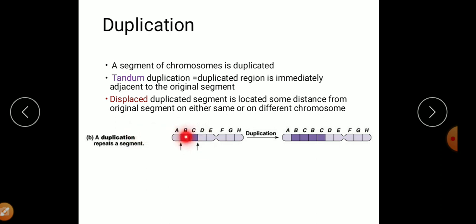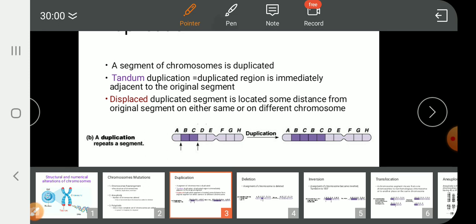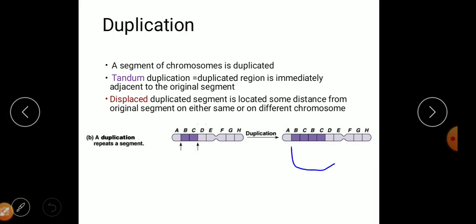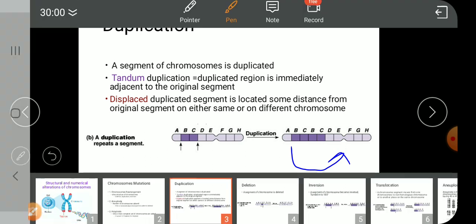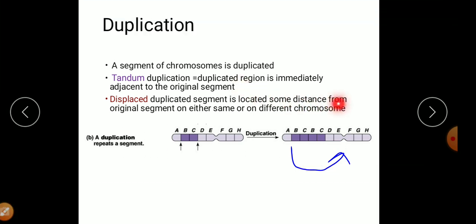Suppose this is a chromosome A B C D E, with the centromere, and F G H. So this B and C duplication takes place, and then you will see that a part of that chromosome is duplicated, and the length of the chromosome is increased. There are two ways: either tandem duplication, where the duplicated region is immediately adjacent to the original segment, or another way where the duplicated segment is located away from the original segment, either on the same chromosome or on a different chromosome.